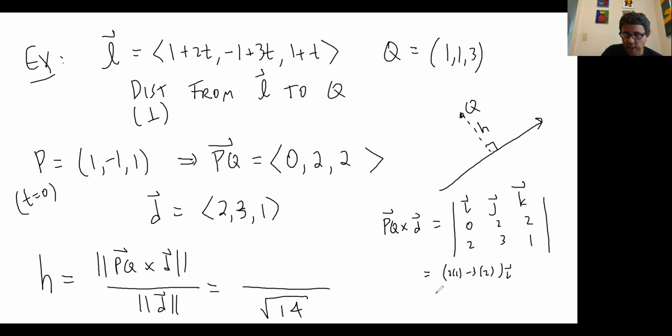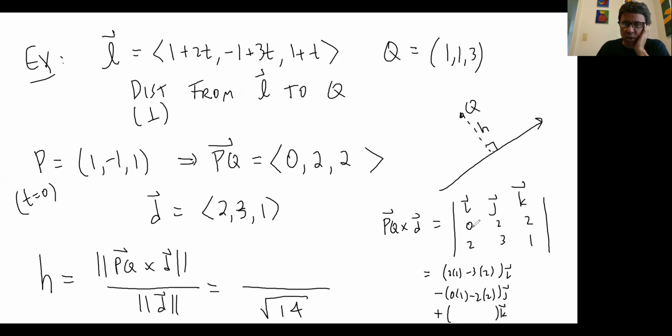For j, there's a built-in negative in this formula for the determinant. Cross out everything, and you'll have 0, 2, 2, and 1. So 0 and 1 get multiplied together, the 2 and the 2 get multiplied together, and they get subtracted off. So minus 2 times 2. And then similarly for the k, this is back to plus.